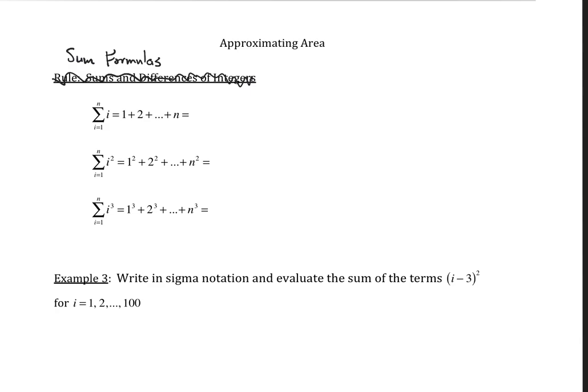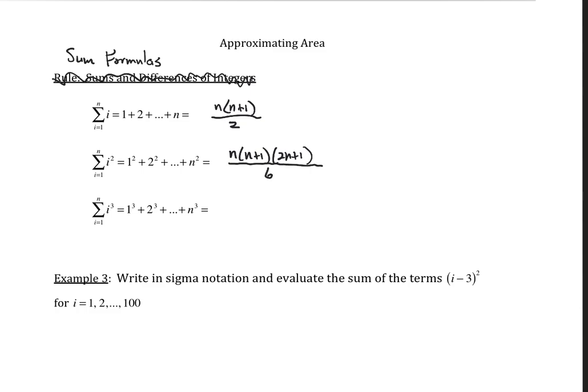If you add up 1 plus 2 plus and so on, plus n, there's a formula for what this is. This is n times n plus 1 divided by 2. So you may have seen that in pre-calculus. If instead of just adding them together, you squared them first and then added them together, you would get n times n plus 1 times 2n plus 1, all divided by 6.